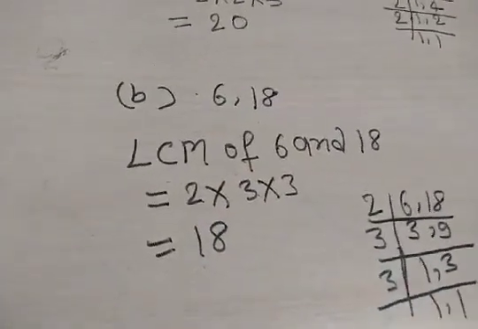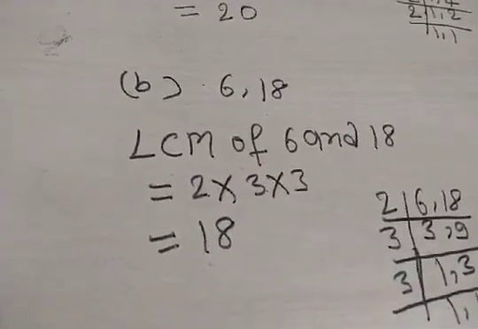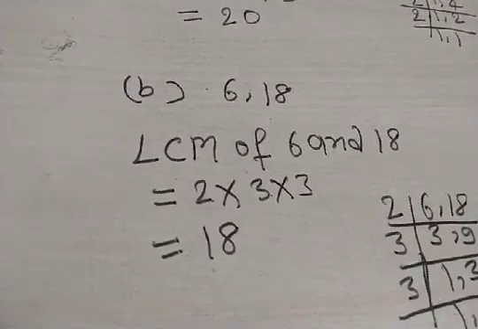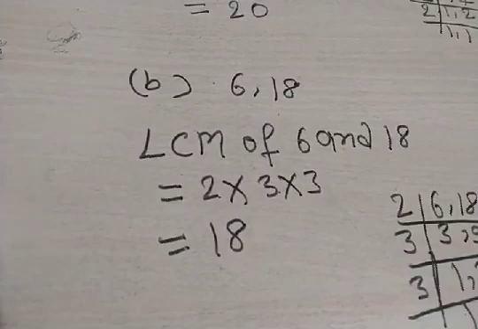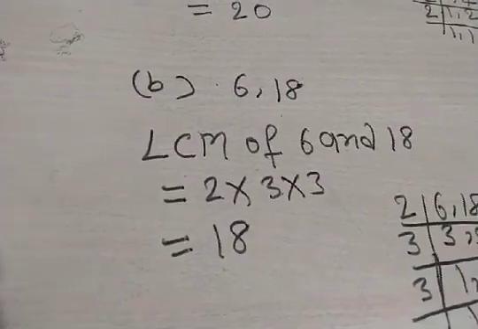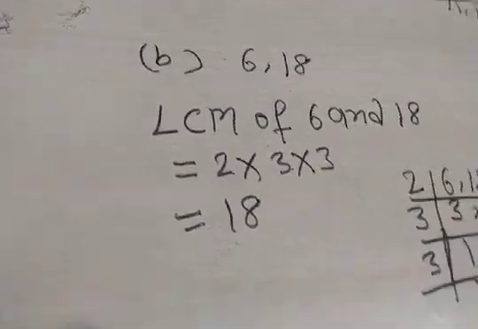So here you can see the LCM of 6 and 18 is 18. It means that the LCM is the greater number, and 6 is a factor of 18. Okay, now C part.